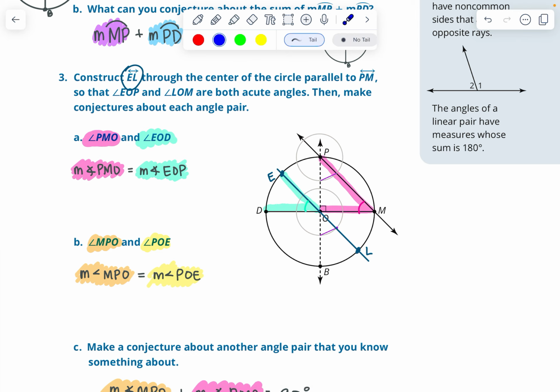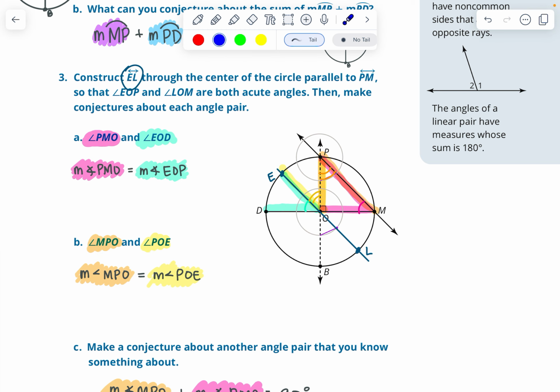And the relationship between them is that they're equal to each other. So this angle and this angle are congruent. And then let's take a look at MPO. So angle MPO, that's that angle here. POE, that's this angle here. Those two angles are also congruent to each other.